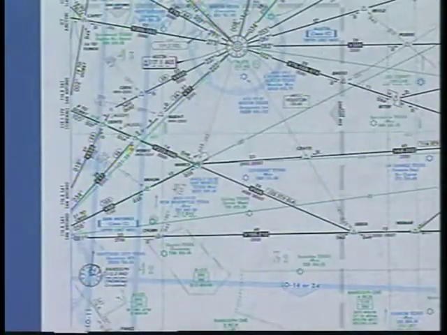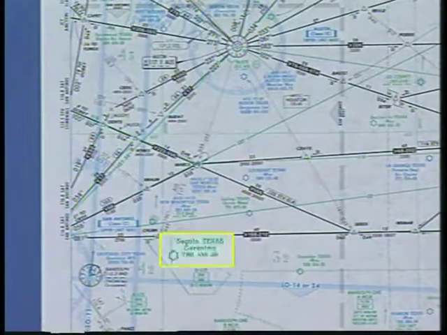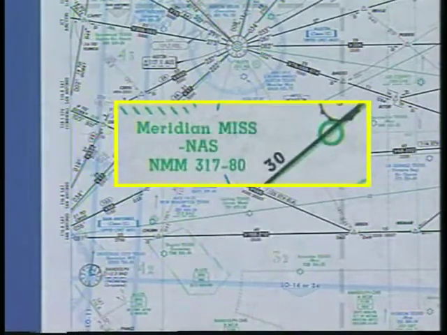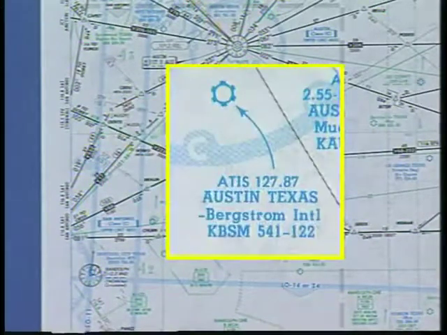Let's continue by looking at airport symbols and related information. Civil VFR airports are identified by small green circles with cogs. Military VFR airports are shown by smooth green circles. Civil IFR airports are shown by small blue circles with cogs.